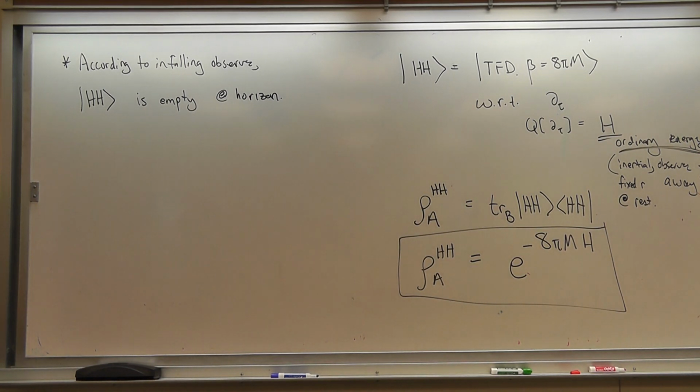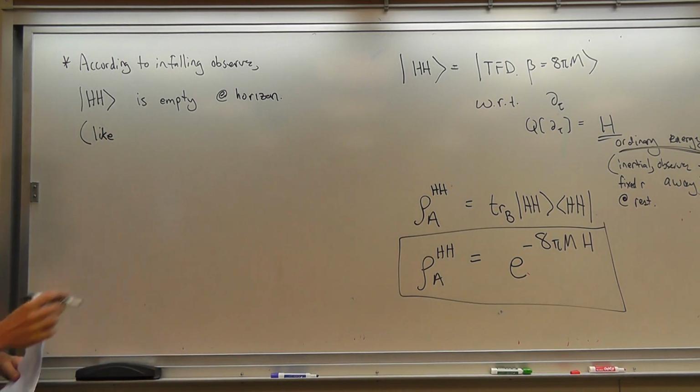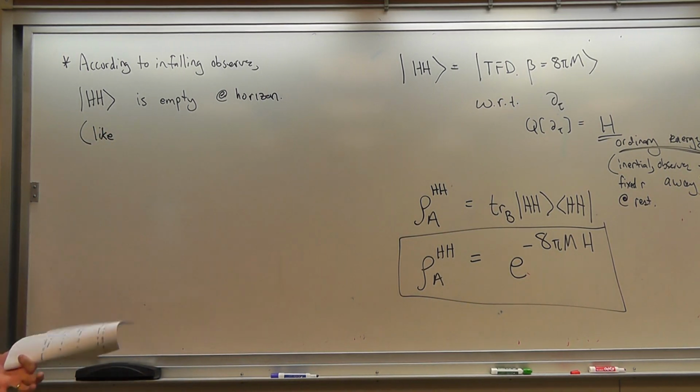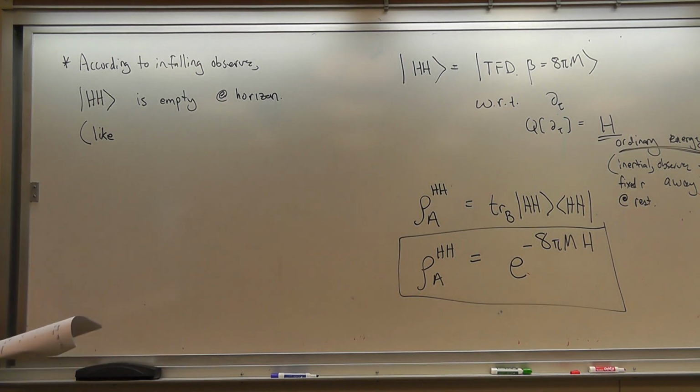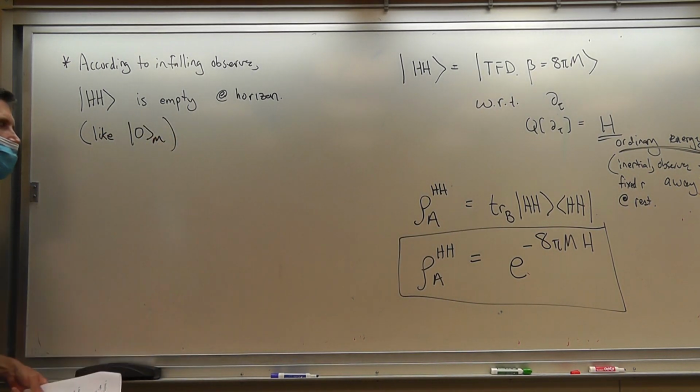Well, because at the horizon, you're really just working in the Minkowski vacuum. At the horizon, this is Rindler space, and the Hartle-Hawking state was designed in such a way that it's the thermal field double and therefore the Minkowski vacuum. So the fact that the Minkowski vacuum is empty for an inertial observer means that the Hartle-Hawking state is empty for an infalling observer near the horizon.